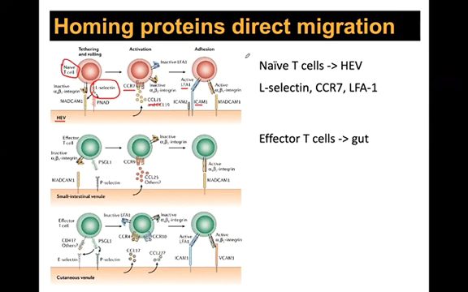Now, if it's gotten activated by a gut dendritic cell, or mucosal dendritic cell, then it's going to activate different things. So it's going to have P-selectin here. This is a different name for, or it's going to activate actually the ligand for P-selectin, which is expressed on the endothelial cells of the blood vessel. And so this is the rolling and sticking step.